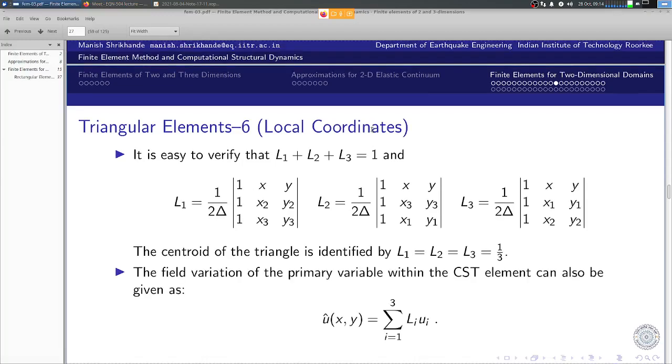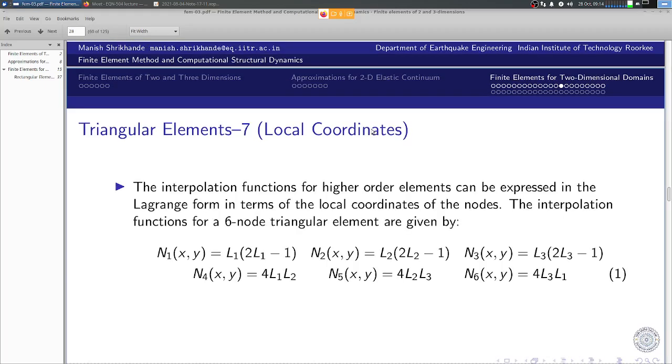So the field variable or primary variable within the constant strain triangle element is given by sigma Li ui, i ranging from 1 to 3, that's a standard result, and Li is identical with Ni that we derived using first principles by polynomial approximation as well.